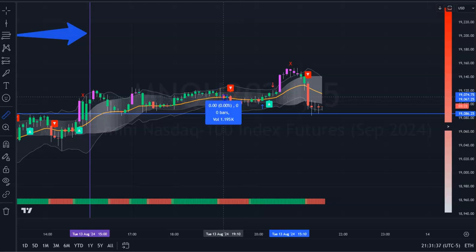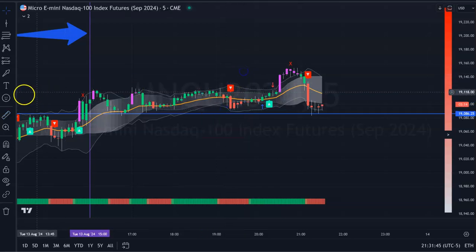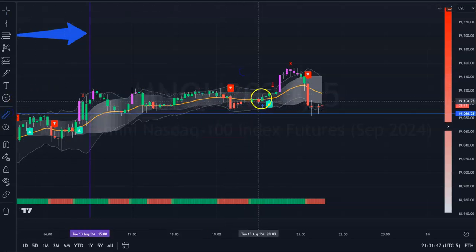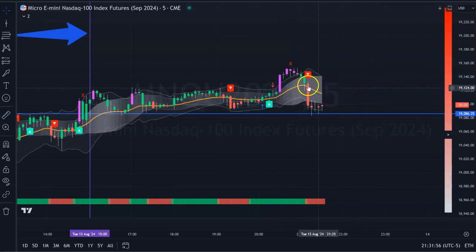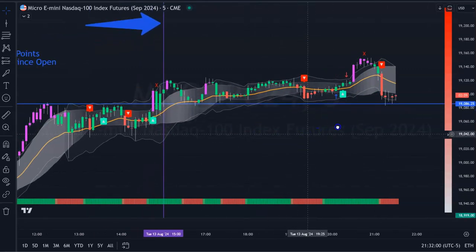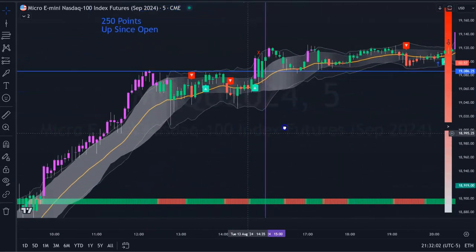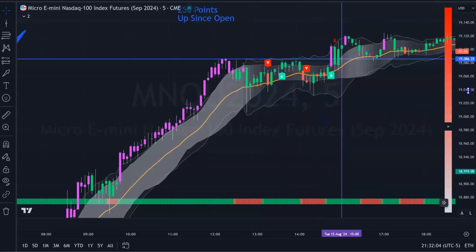Sometimes when you see big candles like this, you can, see, we're not getting anywhere near the moves, though, after hours. 18 points only. And then just a short time later, we got a buy. And that one did not go all the way to completion. So this is the problem with after hours trading. Then recently we just had this big down move. So that's the day in a nutshell.